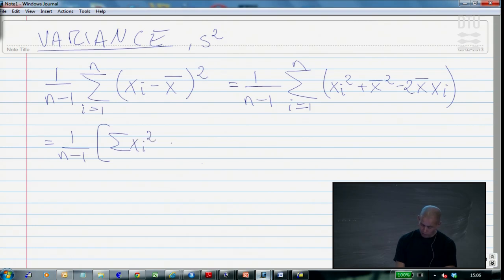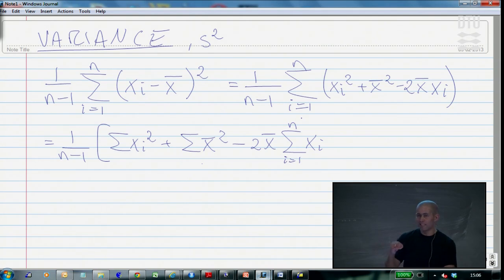We use the summation on this term, we use the summation on this term, and we use the summation on the last term. And actually, I take the 2 and the x bar here, which do not depend on the i. Let me emphasize that on this one then.